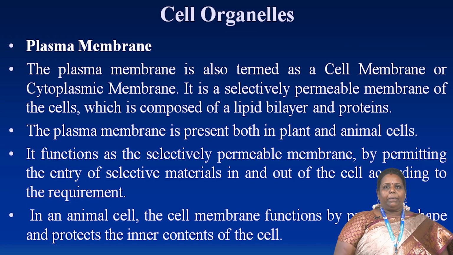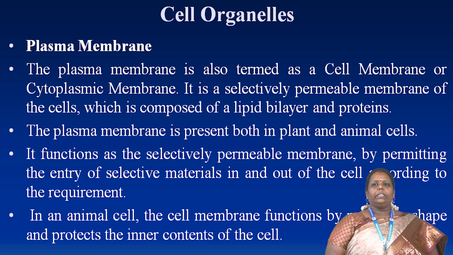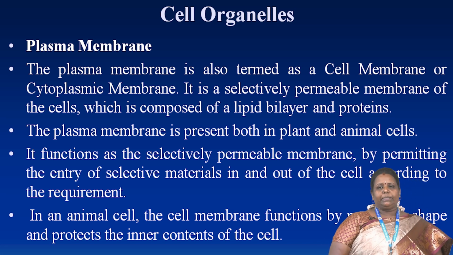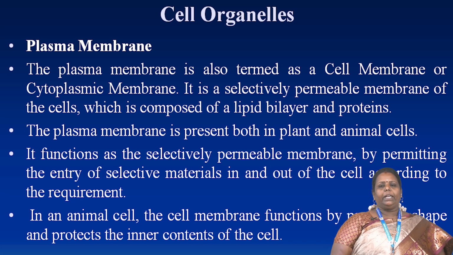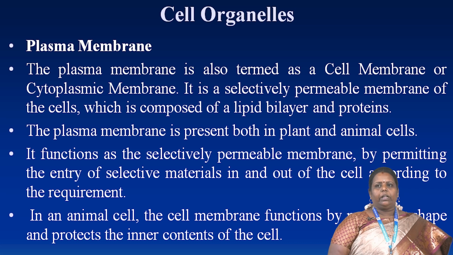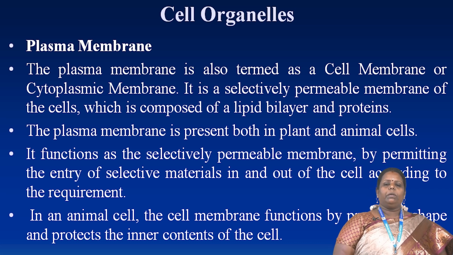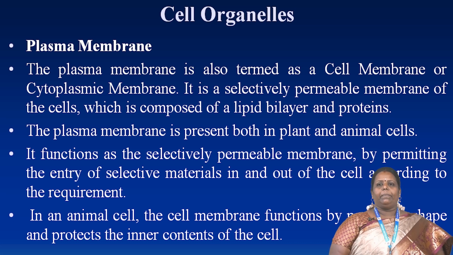And the plasma membrane. The plasma membrane is also termed the cell membrane or cytoplasmic membrane. It is a selectively permeable membrane of the cell, composed of lipid bilayer and protein. The plasma membrane is present in both animal and plant cells, just like the cytoplasm. Its function is as a selectively permeable membrane.